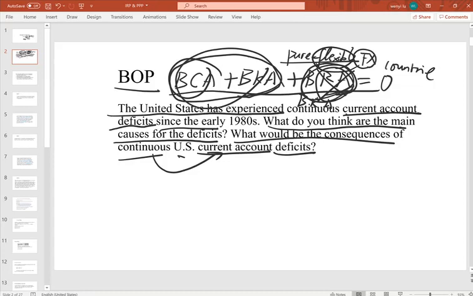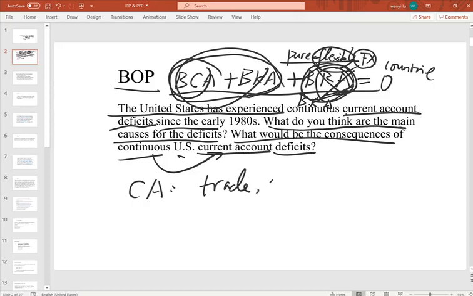The first one, what is a current account? The current account records every transaction in trade.